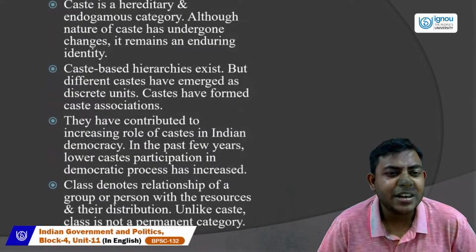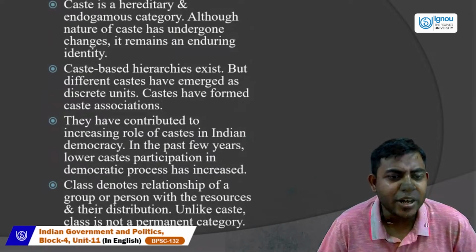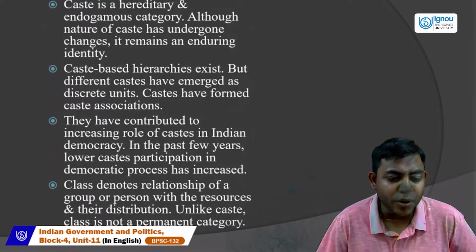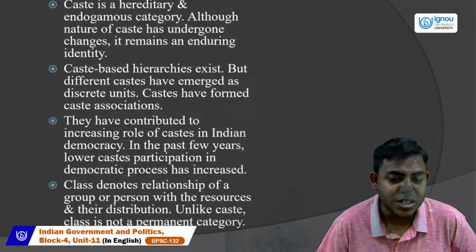So caste is a hereditary and endogamous category. Although the nature of caste has undergone changes, it remains an enduring identity, and caste-based hierarchies do exist. But different castes have emerged as discrete units, and castes have formed caste associations.